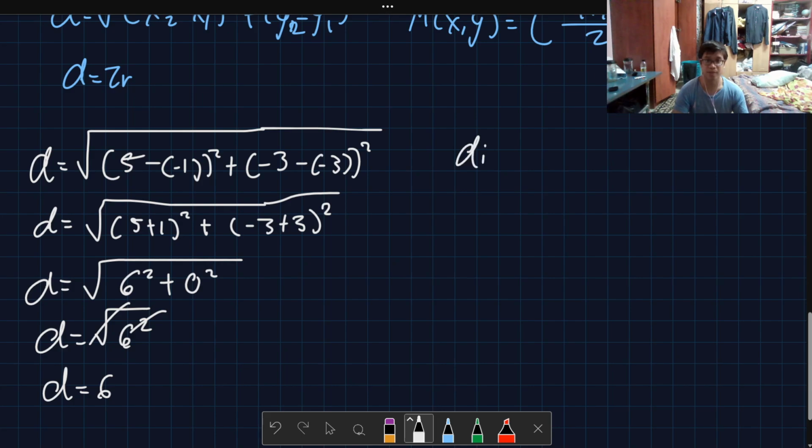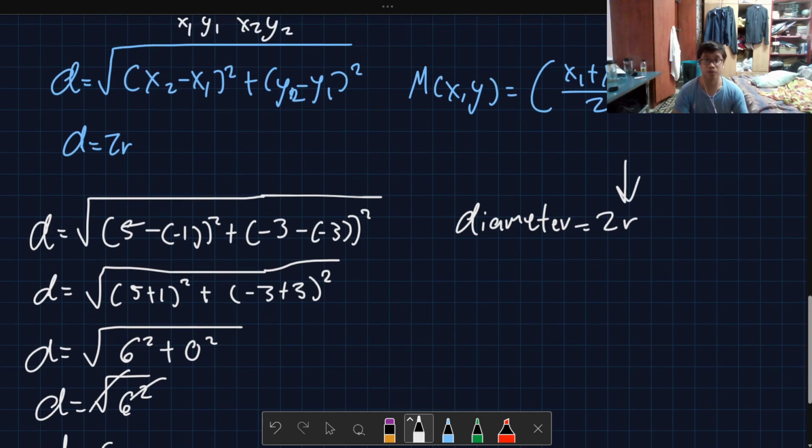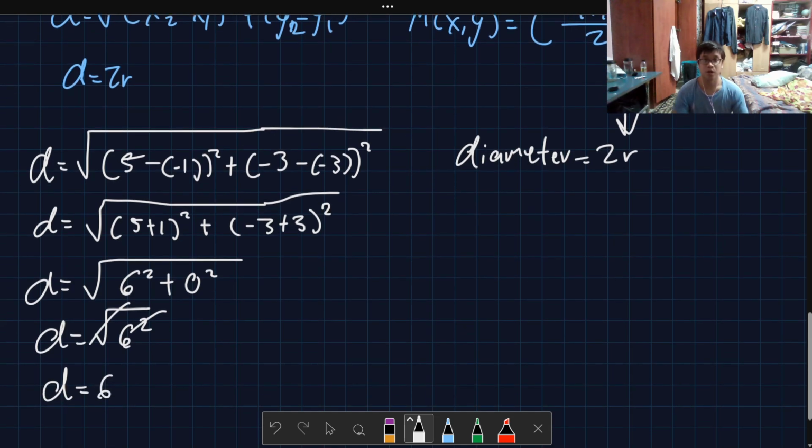That is your diameter. However, we're not done yet, because we're not interested in finding the diameter, but rather the radius. Since our diameter is 6 units long, we're going to substitute it in this formula so that we can find the radius.